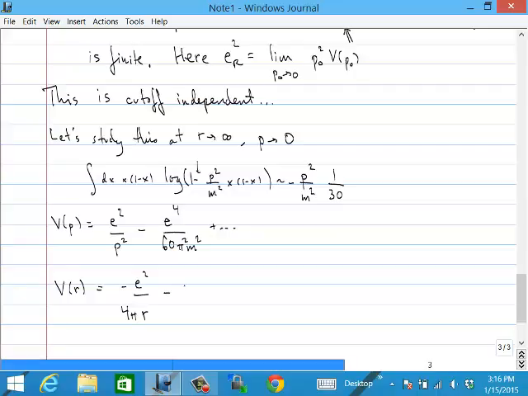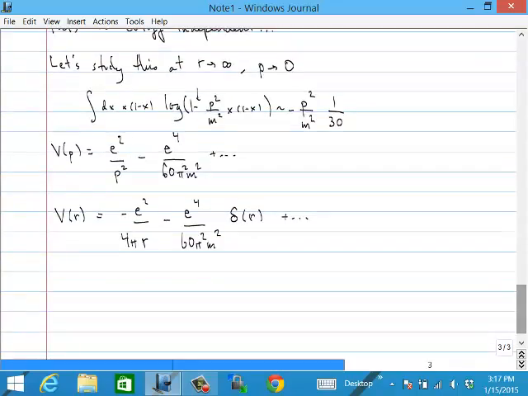So you get minus e to the fourth over 60 pi squared m squared times a delta function. Okay. So this is the first correction to Newton's law due to the virtual electron-positron pairs.